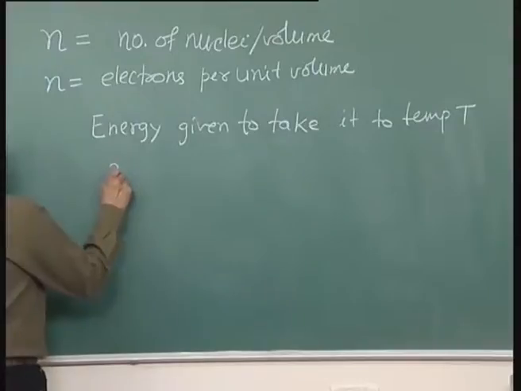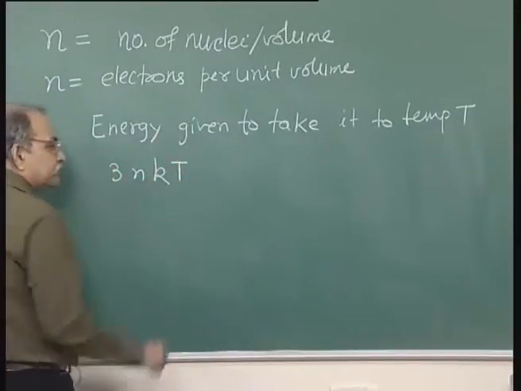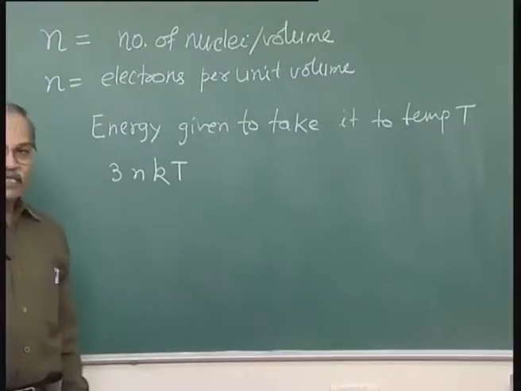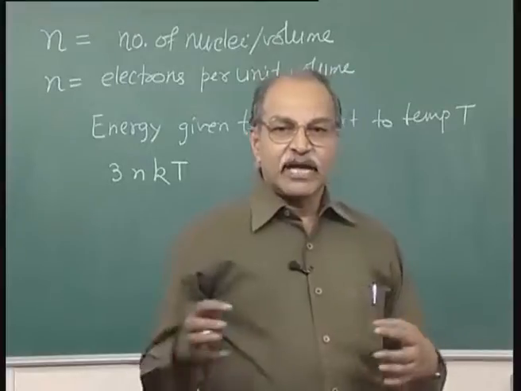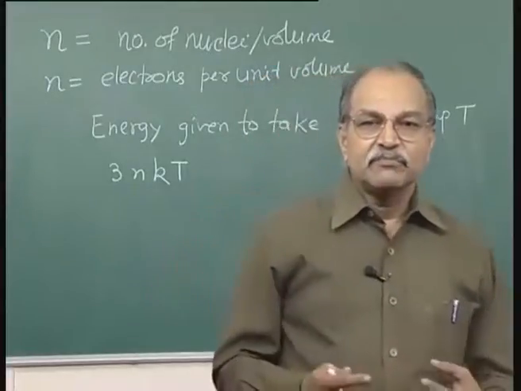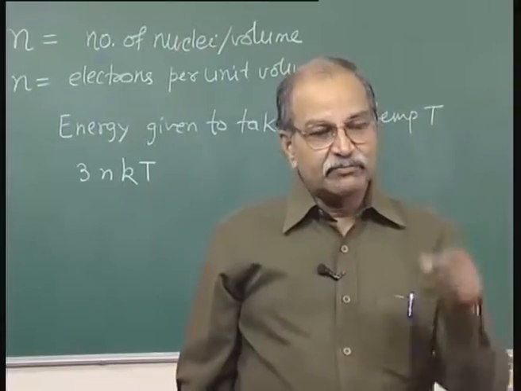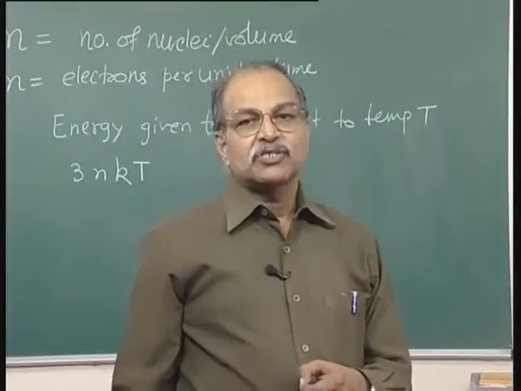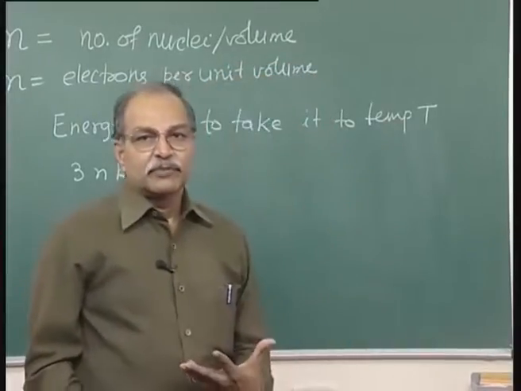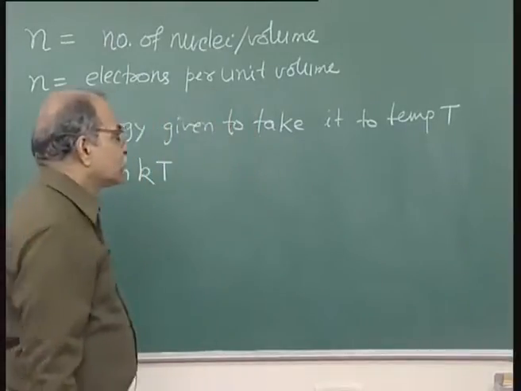So, that will be 3nkT. If you take the mixture deuterium and tritium 50-50, so the concentration of X is n/2, concentration of Y is n/2. So, how much fusion energy do we produce in that confinement time, say tau?